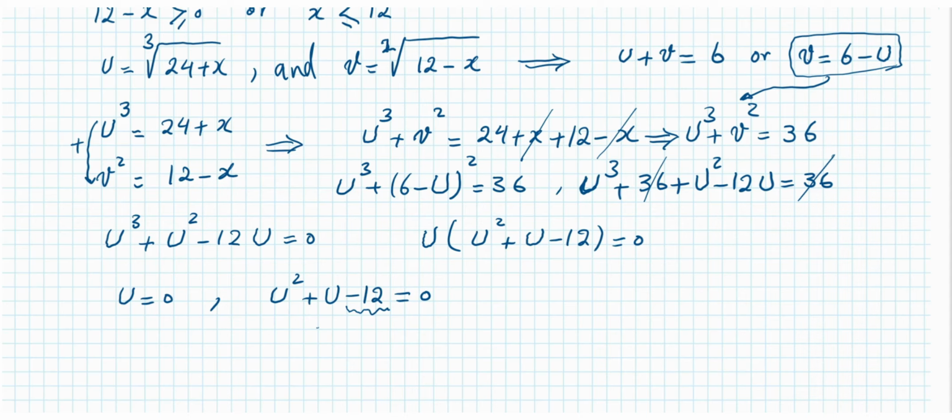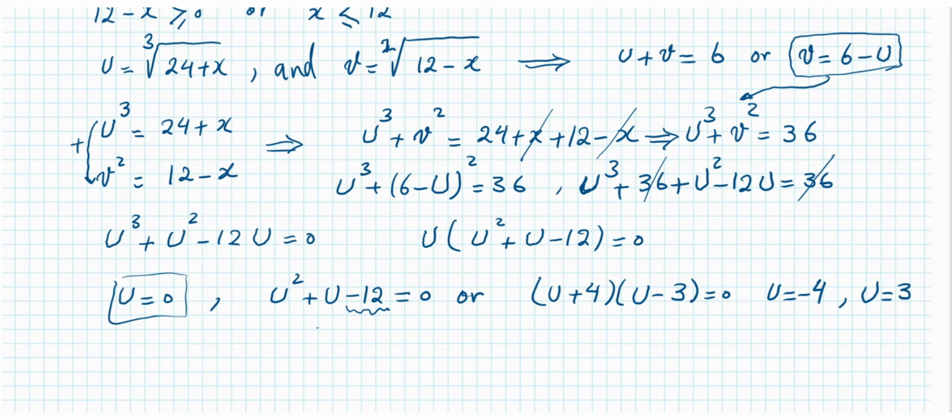So in this case, (u plus 4) and (u minus 3) equal to 0. And here u is minus 4 and u is 3. So we have three roots for this equation in terms of u.